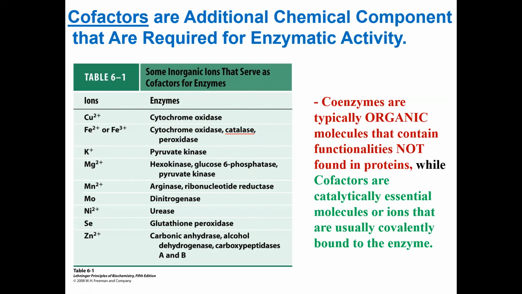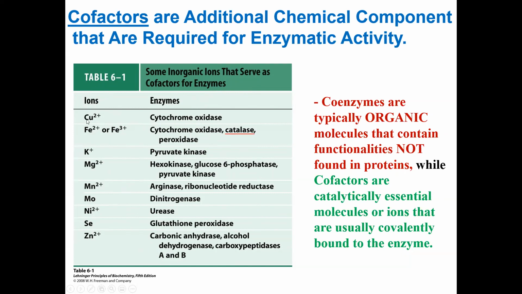These cofactors are typically molecules or ions that are bound very tightly to the enzyme active site, sometimes covalently. If you look here in this table, I'm showing you some ions and cofactors on the left-hand side, and their corresponding enzymes.